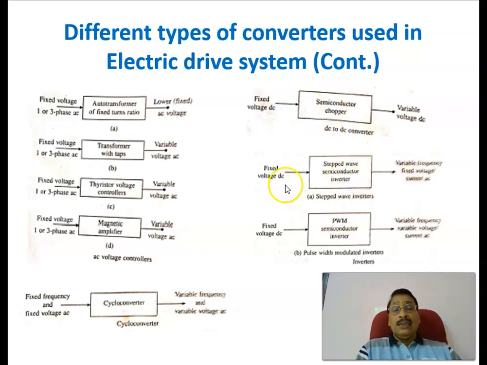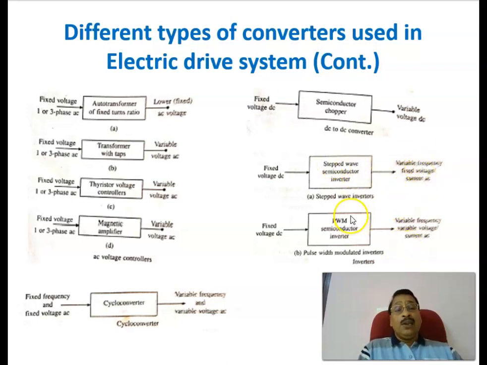Now, these are the DC to AC converters, called inverters. If you are using a square wave inverter, like a stepped waveform inverter, in this case you give a fixed DC input, and the output frequency you can change, but the output voltage magnitude cannot be changed in this method.